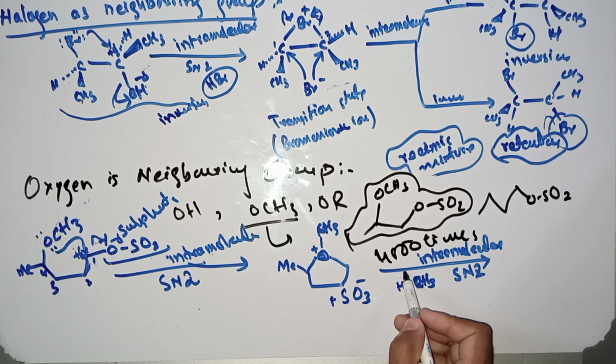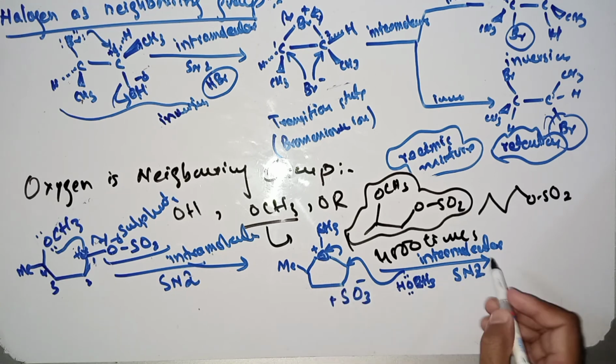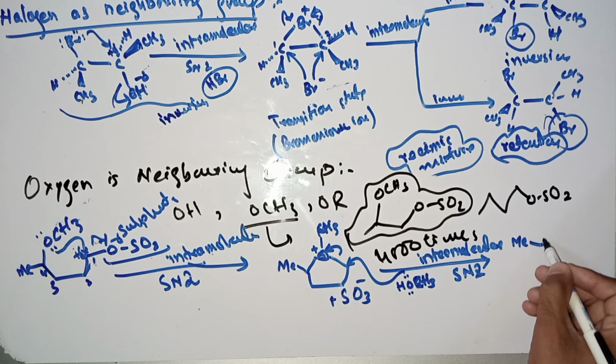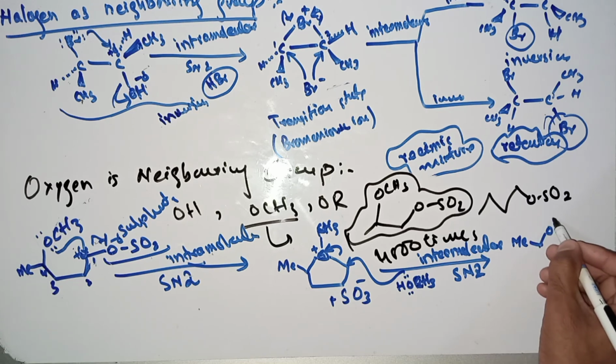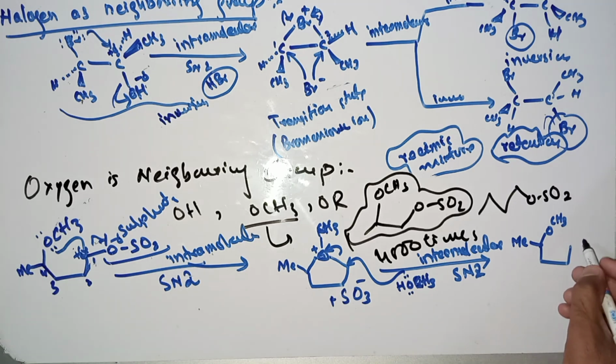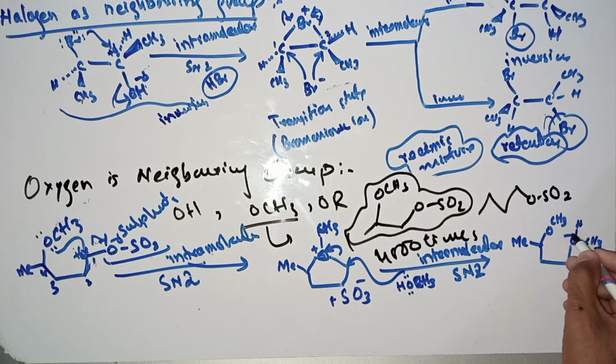So the solvent will attack this carbon. After that the oxygen will become stable and it produces CH3, OHCH3. It is a stable compound, but there is also a plus charge on the oxygen atom.